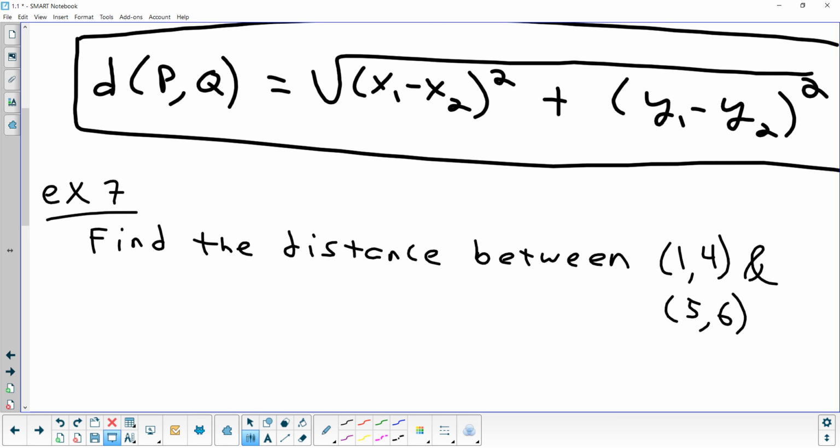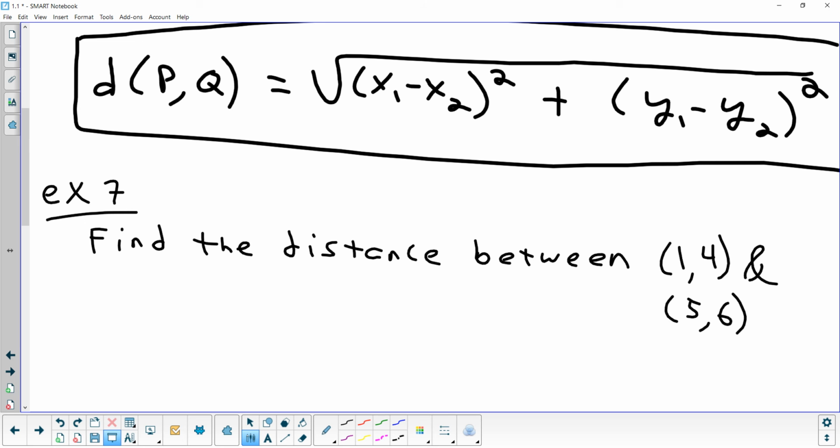So let's find the distance between (1, 4) and (5, 6). And I don't do this all the time, but we'll just do it for the first time. Let's label each one of these numbers based on which one of the 4 variables it is. Let's start with the number 1.